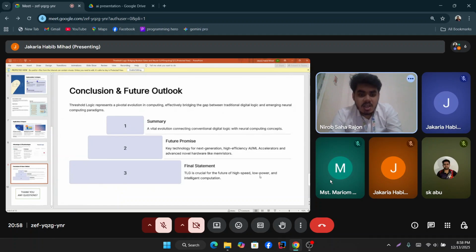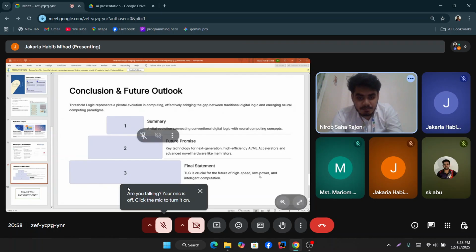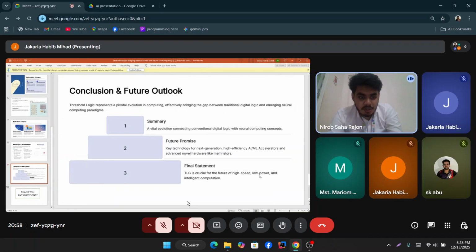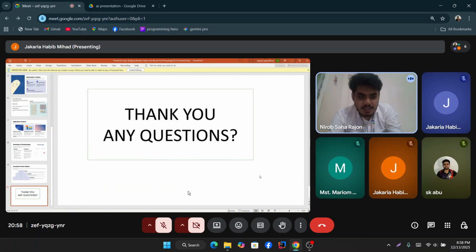Future promise: the key technology for next generation high efficiency AI or ML accelerators and advanced novel hardware like memristors. Final statement: TLG is crucial for the future of high speed, low power, and intelligent computation.